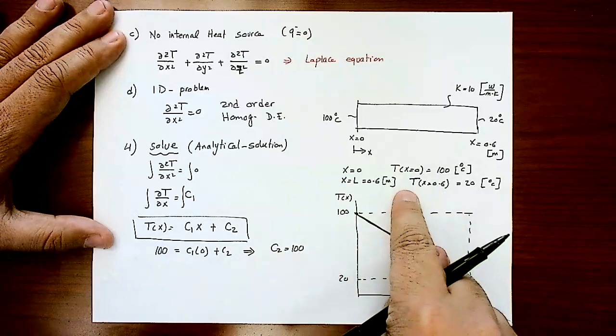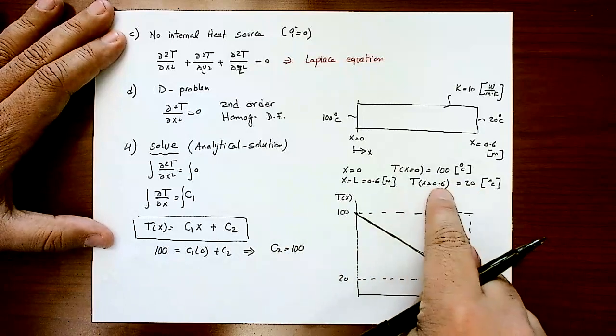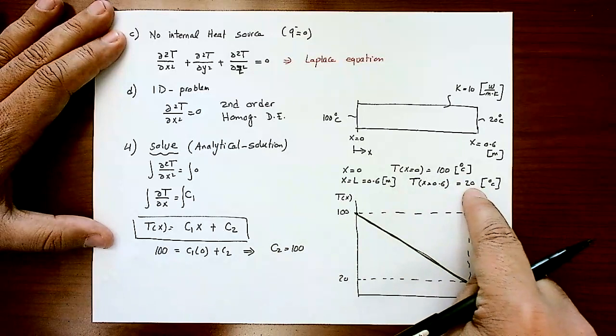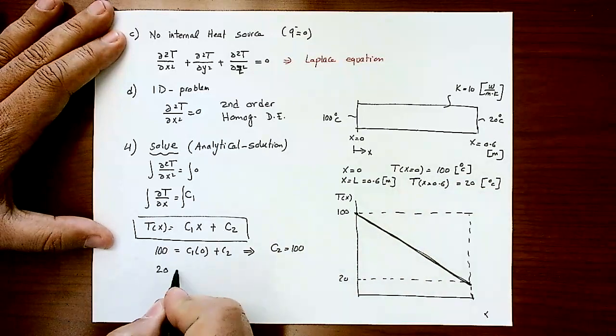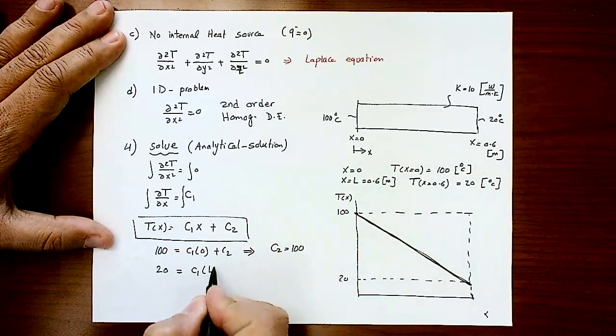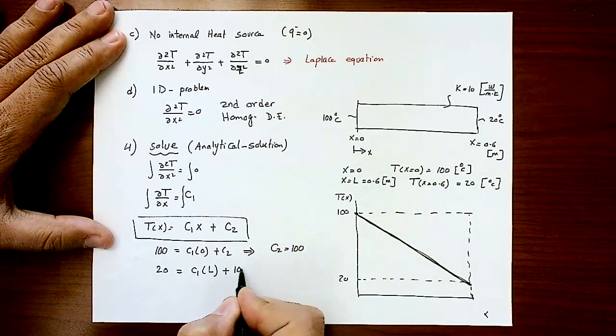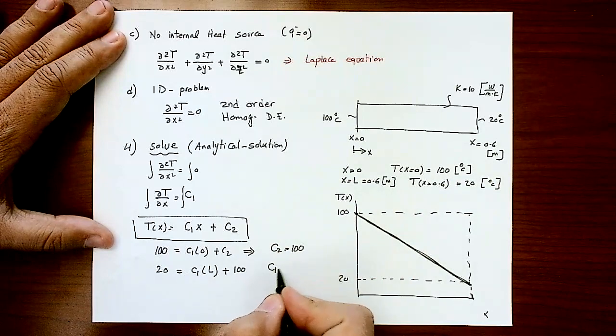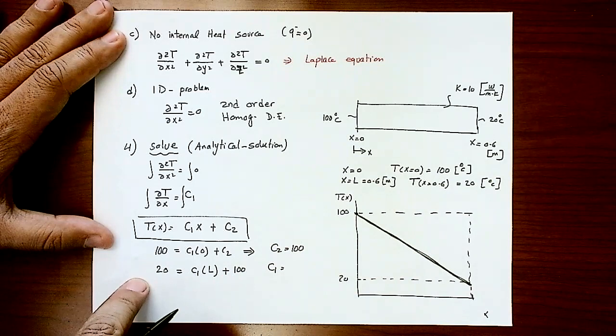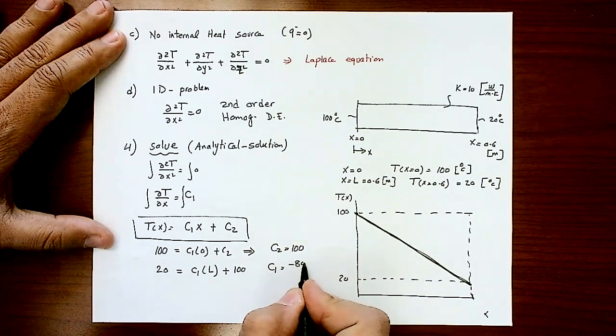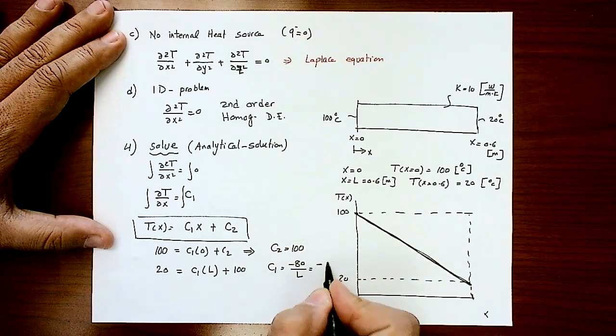Now, the second boundary condition, at x equal 0.6 or L, the temperature is 20. So 20 equals C1 times L plus C2, which is 100. I can simply get C1 out of this. 100 will go to the other side with a negative value. So it's going to be minus 80 divided by L, which is minus 80 divided by 0.6.